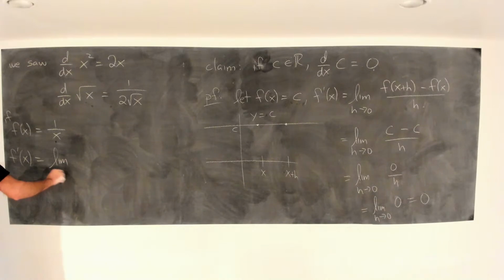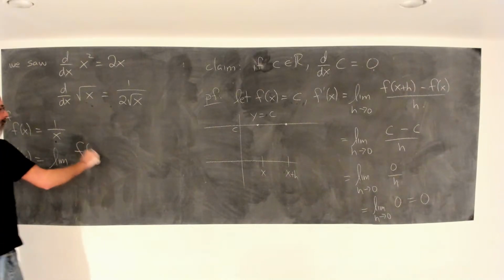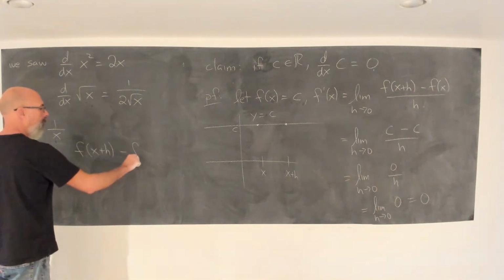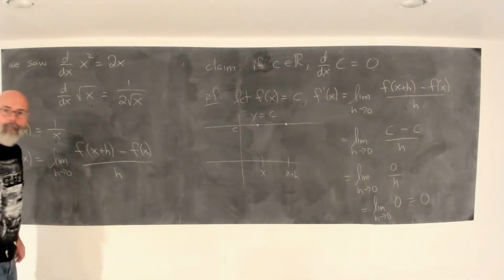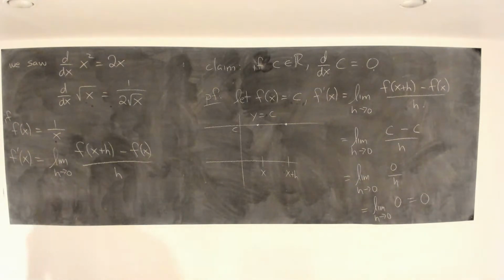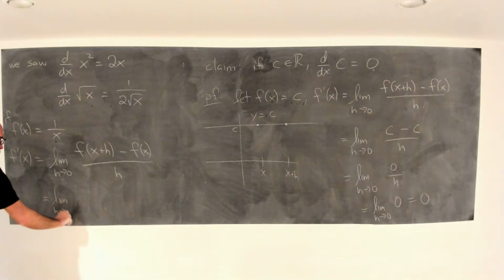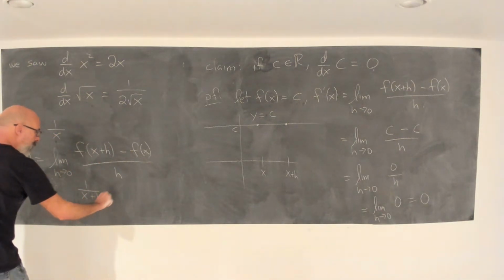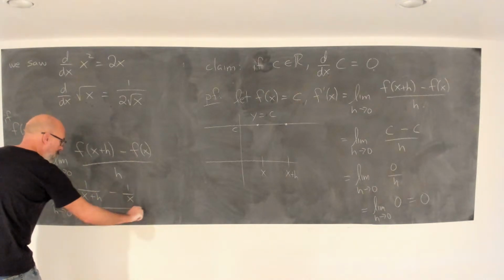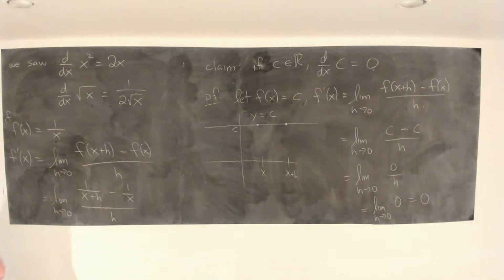By definition, it's this. And this is 1 over x plus h minus 1 over x, all over h.